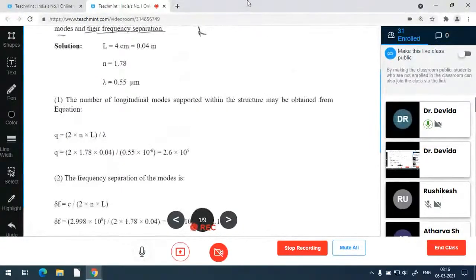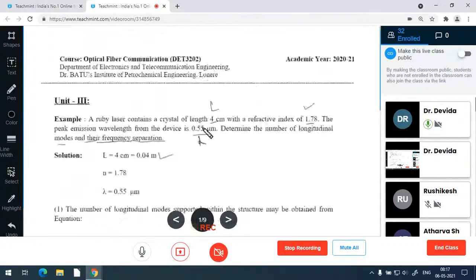These are the given data. L, the length of the Fabry-Perot cavity, is 4 centimeter.